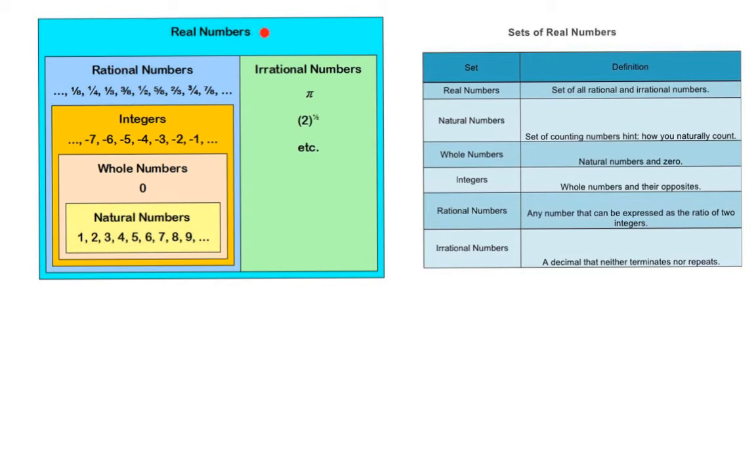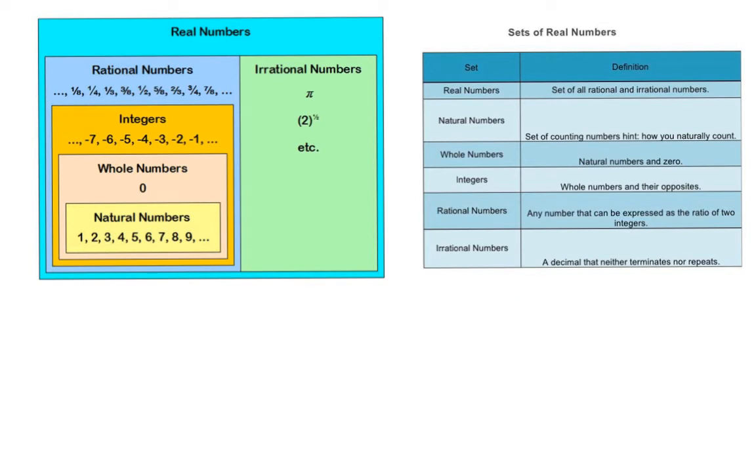So within real numbers, all real numbers are either rational numbers or irrational numbers. And rational numbers are any number that can be expressed as the ratio of two integers. So you can write it in fraction form. It might be a decimal, it might be a whole number, but you can write it as a fraction, and that's why all these examples are fractions.